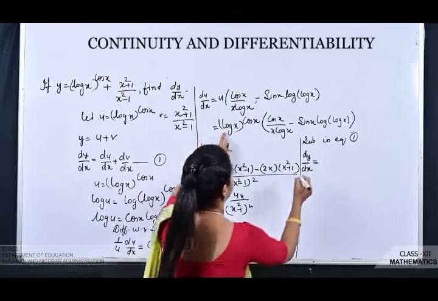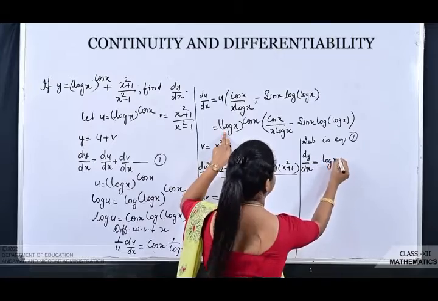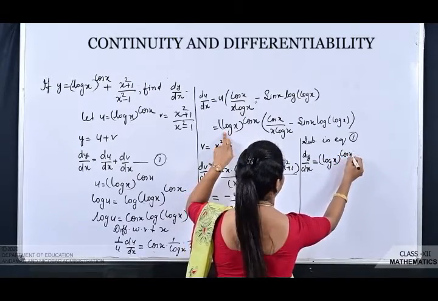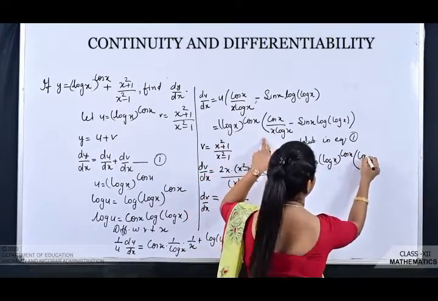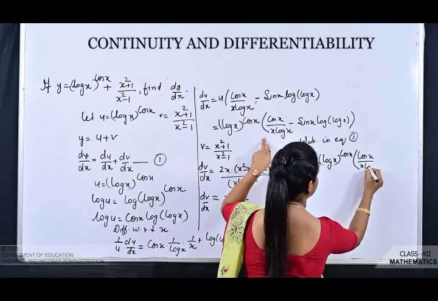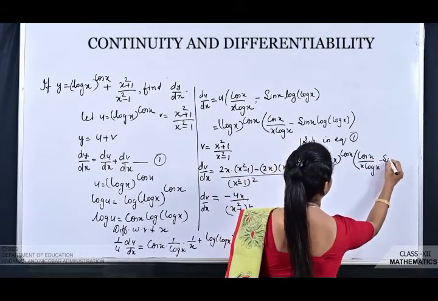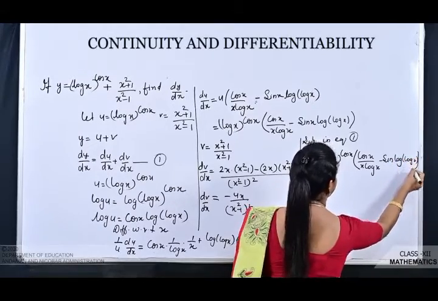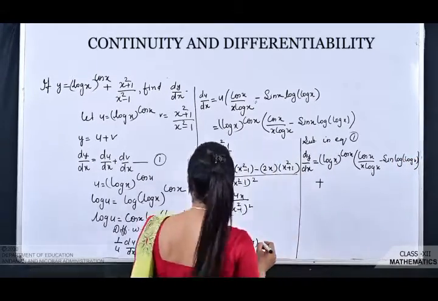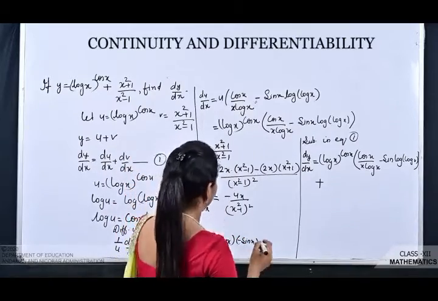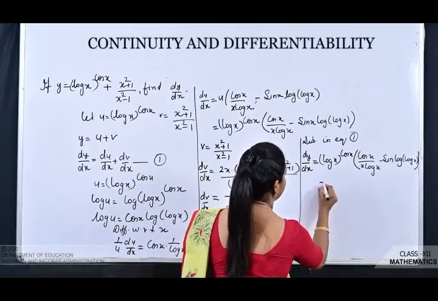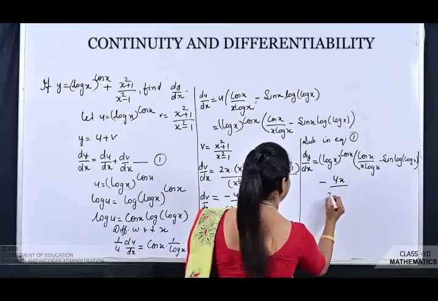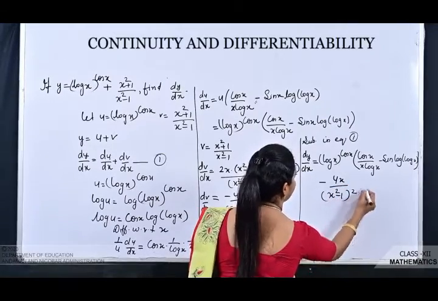You got it, see here, log x to the power cos x into cos x by x log x minus sin x log of log x plus what is the value of dv by dx here? This will be minus 4x by x square minus 1 the whole square.